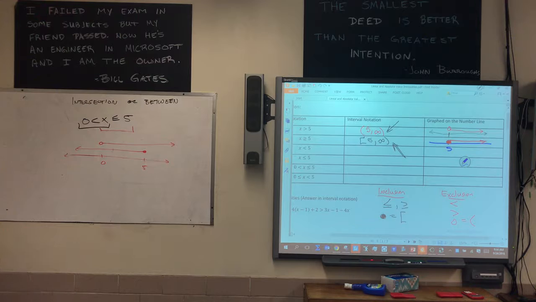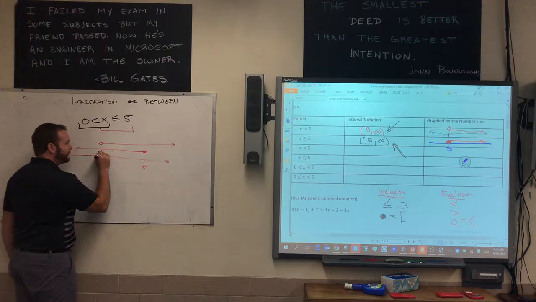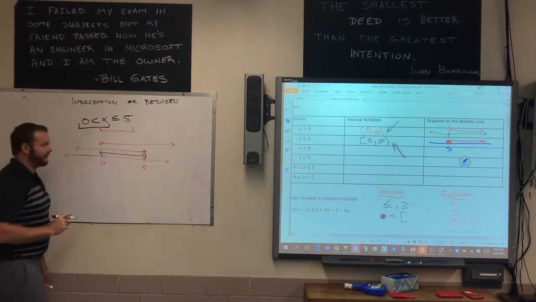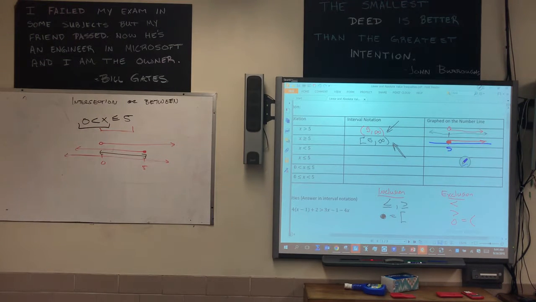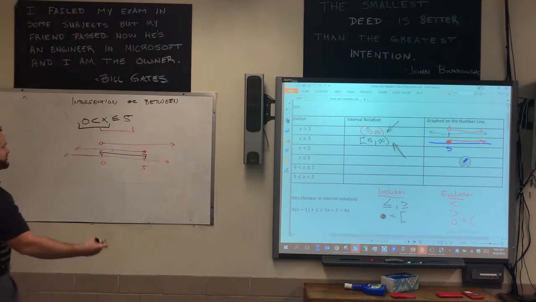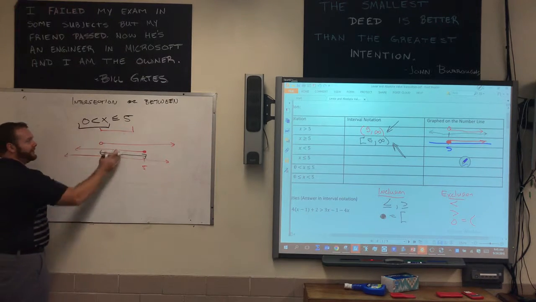And now the "and" idea means that where do those things overlap? Where are both conditions, both inequalities met? And it's met right there, correct? It's the overlap. So that's kind of the graphical way that maybe you in Algebra 1 or Algebra 2 deciphered what this meant to us.